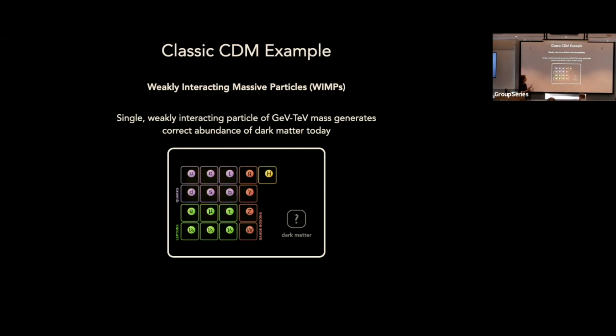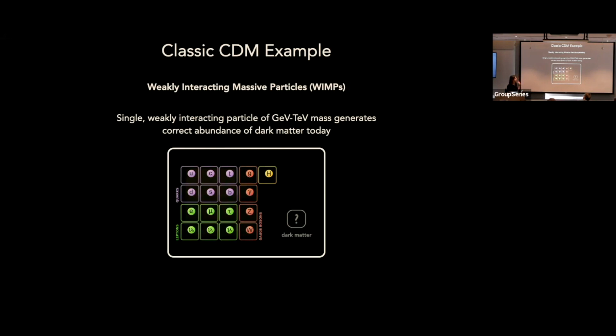And we say that it's allowed to interact with any of the standard model particles through any of the forces that we already know about, which, if we want the dark matter to be weakly interacting, pretty much resigns us to the weak force. And that's pretty much the basics behind WIMPs.